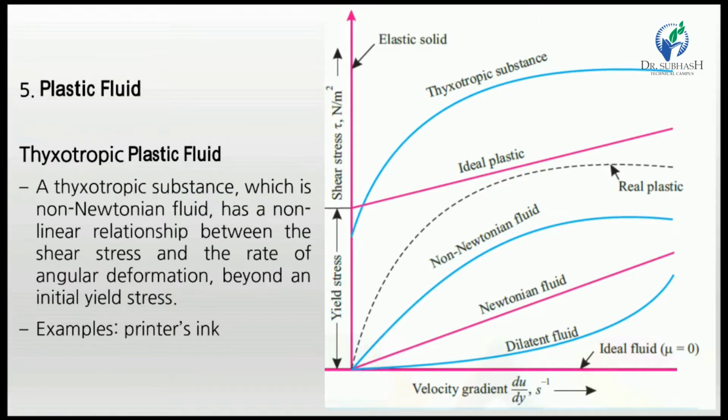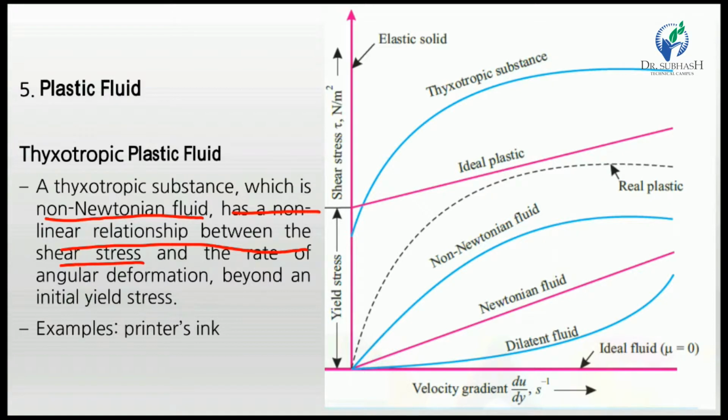Okay. Now, thixotropic plastic fluid is a non-Newtonian fluid that has a non-linear relationship between the shear stress and the rate of angular deformation beyond the initial yield stress. Okay, an example is printer's ink.